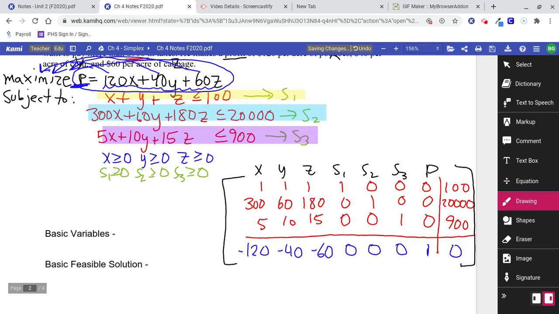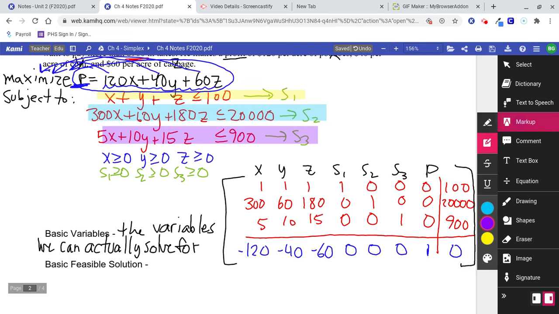Basic variables are the variables we can actually solve for. Okay. And I know that's hard to understand, okay?